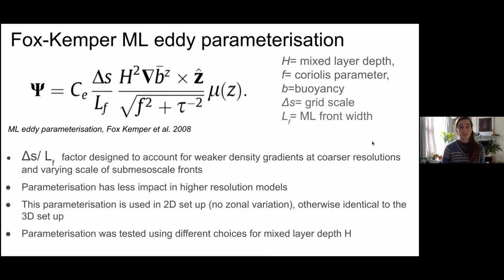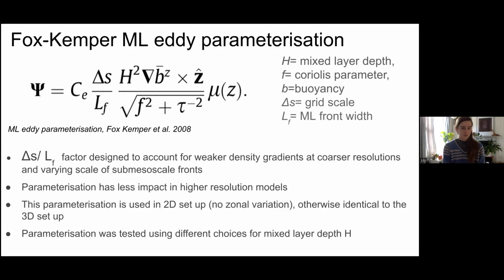So the last thing I'd like to talk about would be the Fox-Kemper mixed layer eddy parameterization, and whether using this parameterization within models with sea ice could reproduce some of these effects that I've demonstrated.